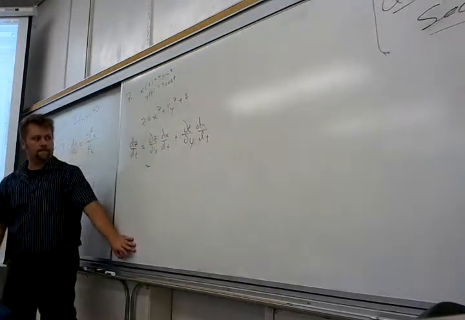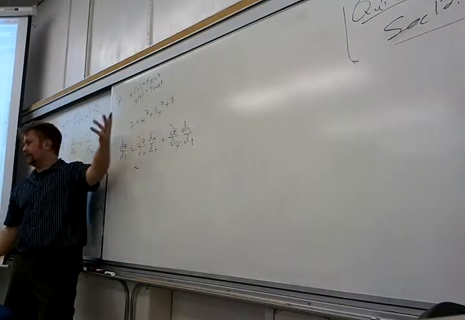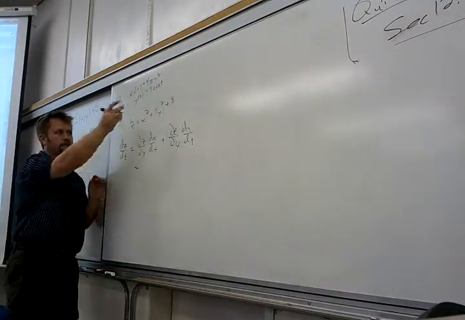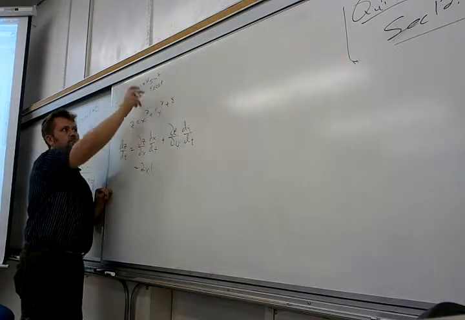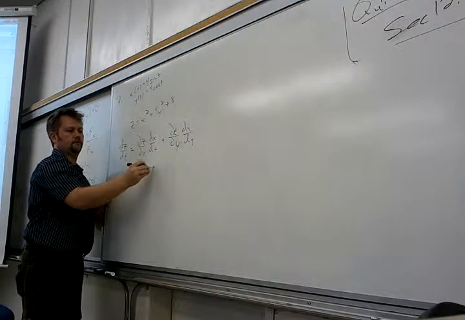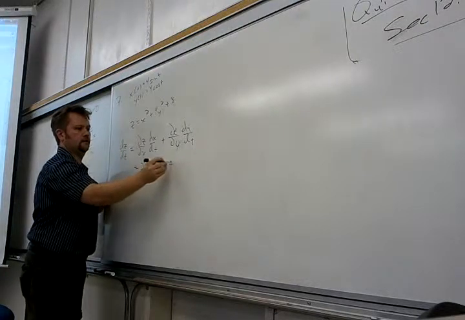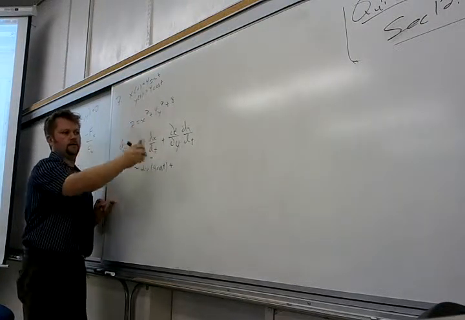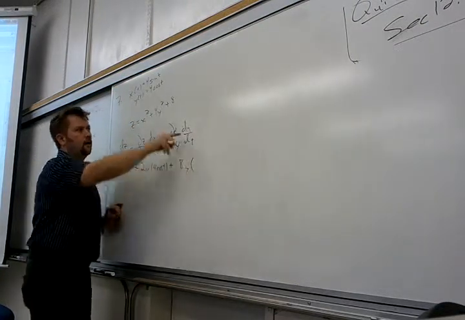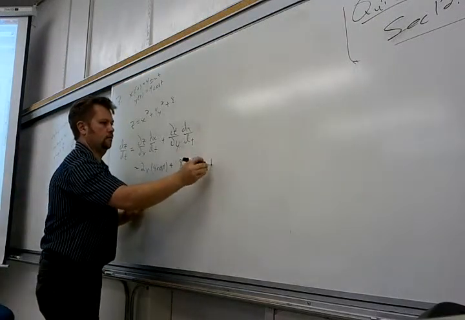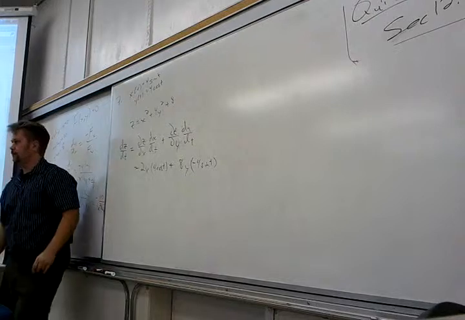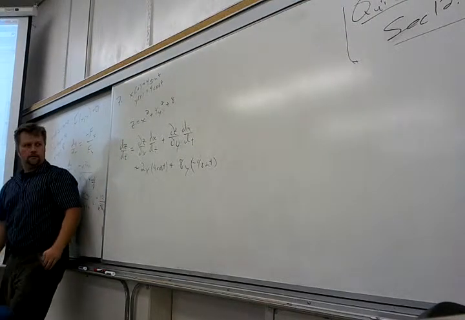So dz/dx is nice. It's an ellipse, so it's 2x times dx/dt, which is 4 cosine t, plus dz/dy, 8y times dy/dt, which is negative 4 sine t. Right, just plug and chug now.